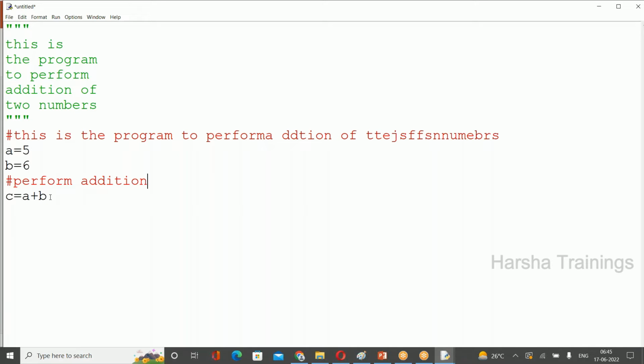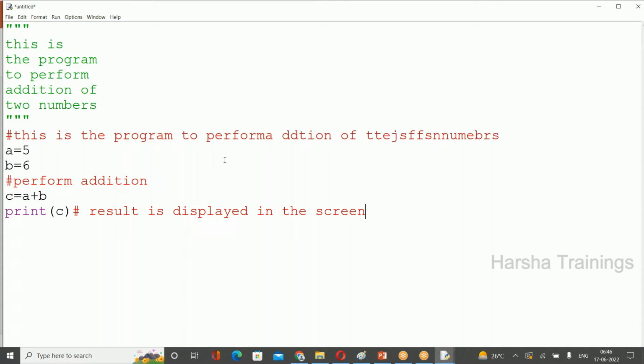Here in this step, we are performing addition. Suppose next I am printing the value, print c. Here also I can write a comment: some result is displayed on the screen. You got it? So by seeing the program, this line performs this task, this line performs that task, like this.